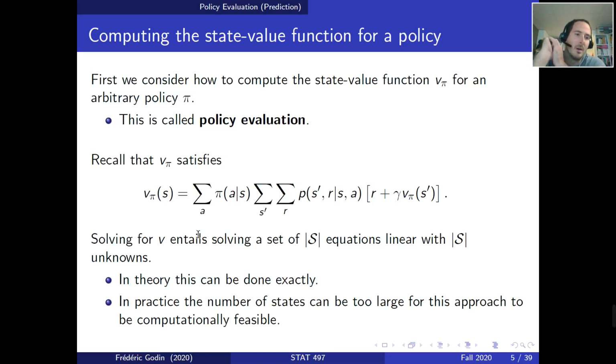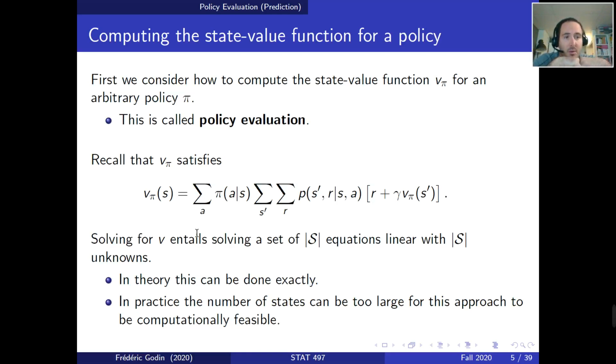In theory, we know how to do that. You could use linear algebra, but in practice, it's sometimes too cumbersome. Why is that the case? Well, if there are 10 to the power 20 states, solving a system of that many equations is often impractical.